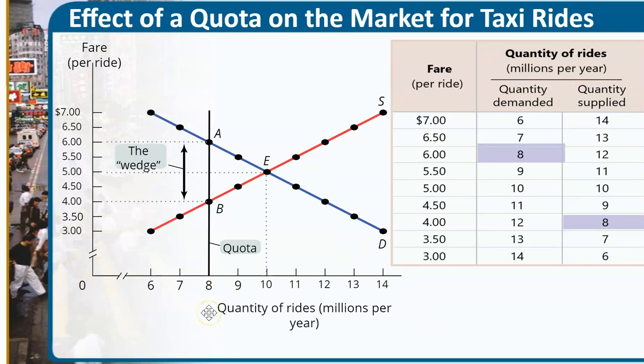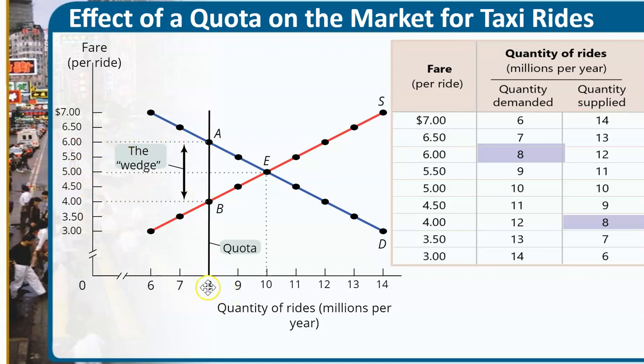So you have 8 million rides in this quota. This is leading to a smaller supply but a greater price, and the license holder is actually going to get this particular wedge of the dollar amount.